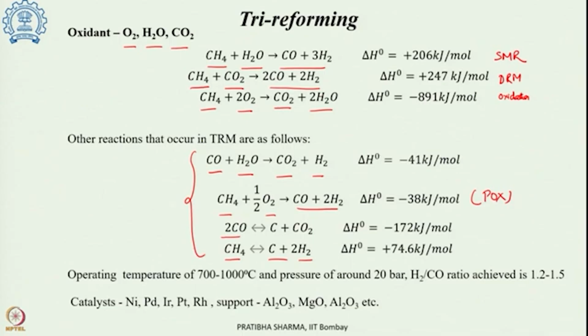The operating temperature for tri-reforming is somewhere between 700 to 1000 degrees centigrade, and the pressure of operation is around 20 bar. The H2/CO ratio that can be achieved is within 1.2 to 1.5, and there are various catalysts that can be used for the tri-reforming process like nickel, palladium, iridium, platinum, rhodium, and supports like aluminum oxide and magnesium oxide.